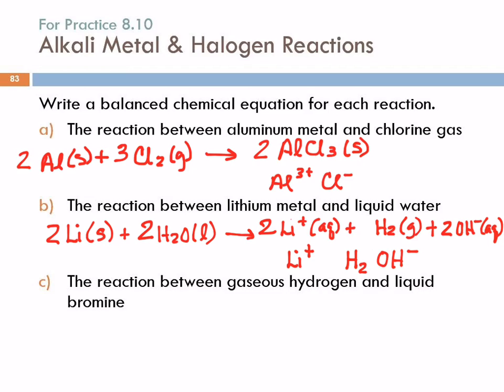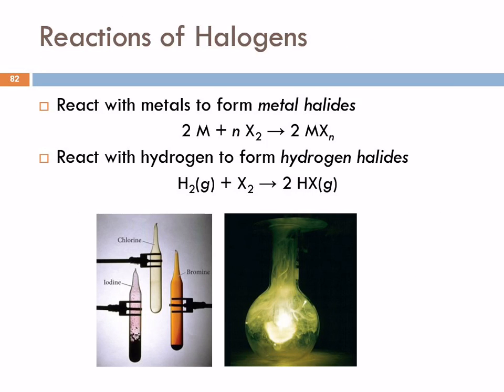Gaseous hydrogen and liquid bromine. What are those guys going to make? Halogens react with hydrogen to form hydrogen halides.